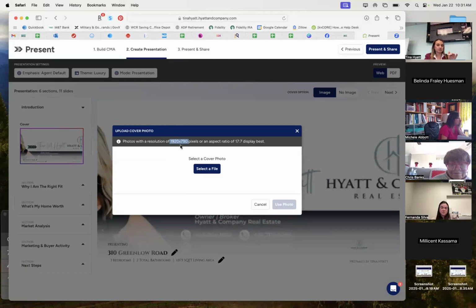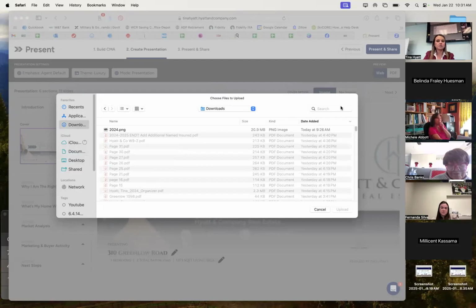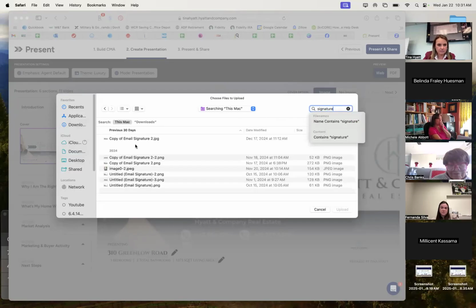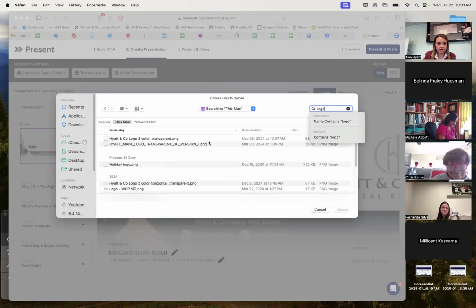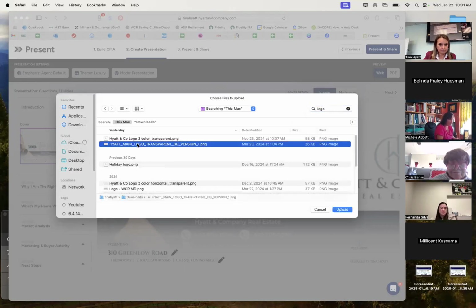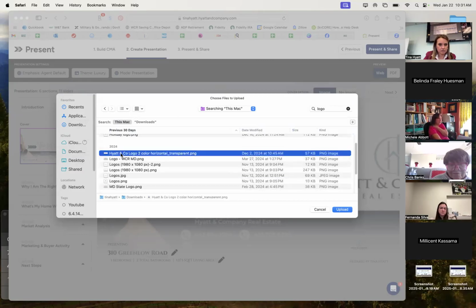So if I go back into Canva and I modify my size of my image to those pixels, then it'll work much better. I don't think I have a smaller. It does. Yeah, the Hyatt and Company logo fit well. So if I put logo, and you could even do the horizontal logo.